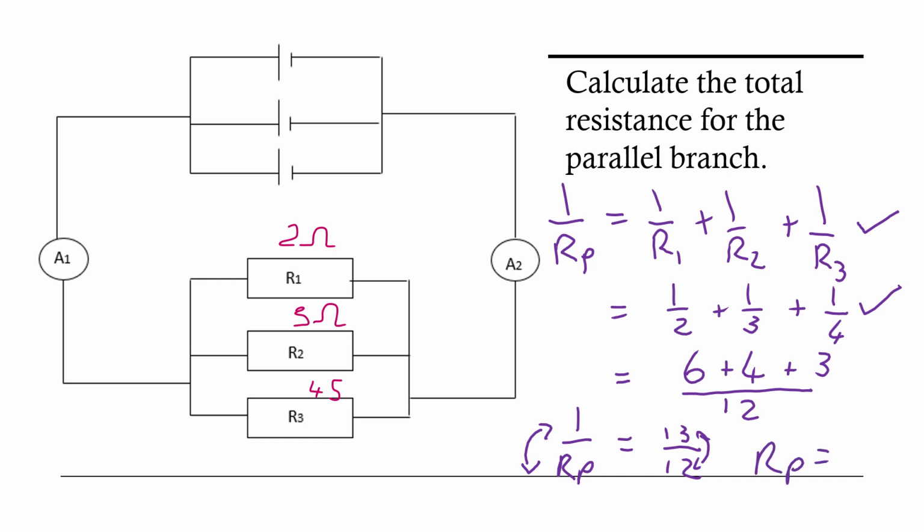So R parallel is going to be 12 over 13, you get a mark for that to show me that you tipped it over. 12 divided by 13 is 0,923. The 3 doesn't make the 2 a 3, so we just say 0,92 ohms. Remember, we always round off to 2 decimal places. Okay, and this is how you would deal with series circuits and parallel circuits.